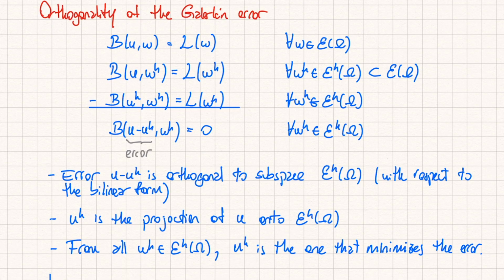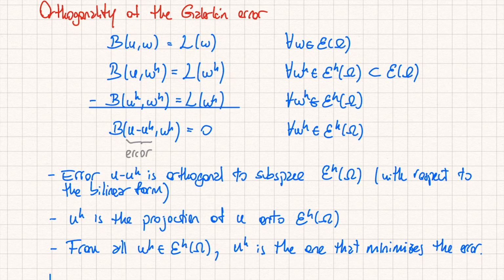And if you subtract these two, you see that in the bilinear form we have this error. Remember the properties of the bilinear operator. This minus this is going to be basically this guy here. And the right-hand side is exactly the same.